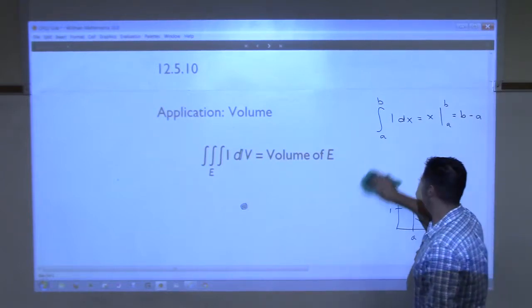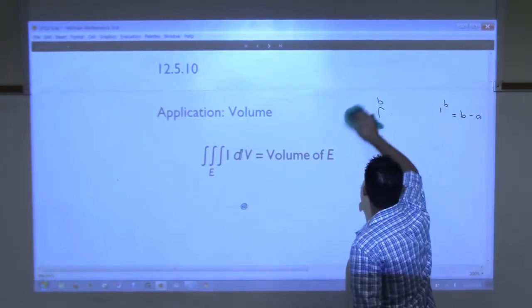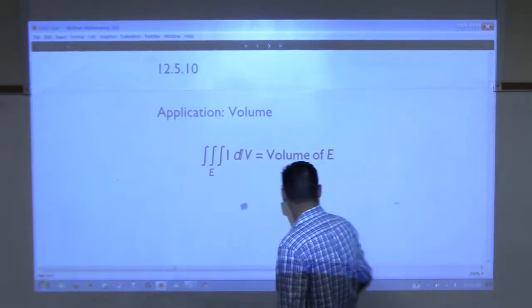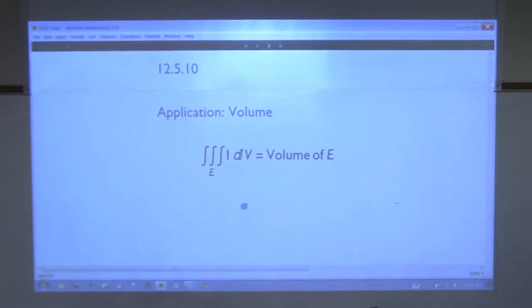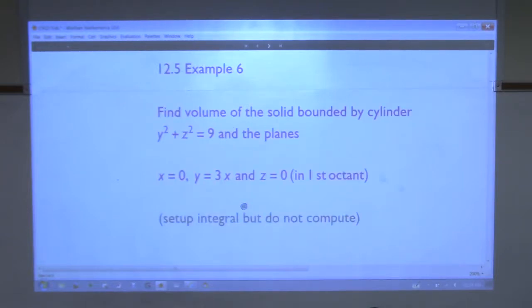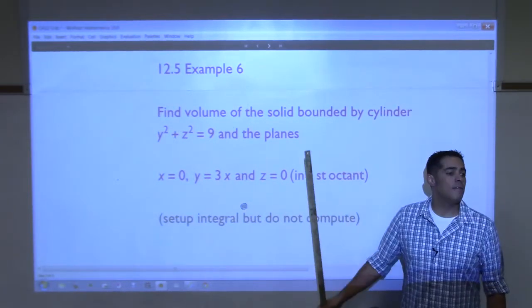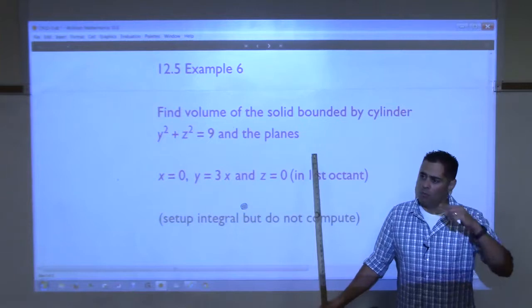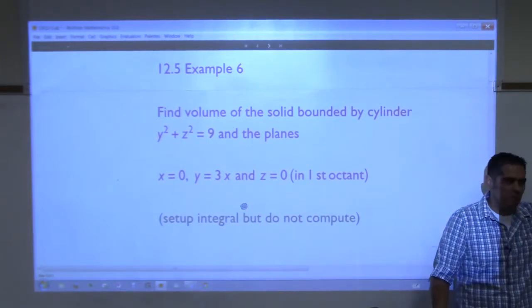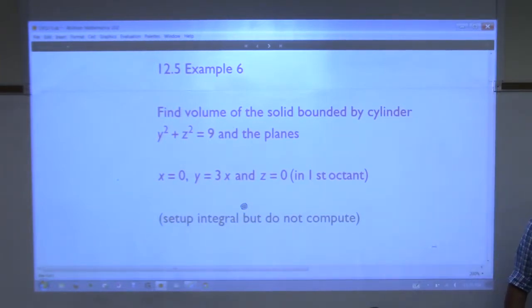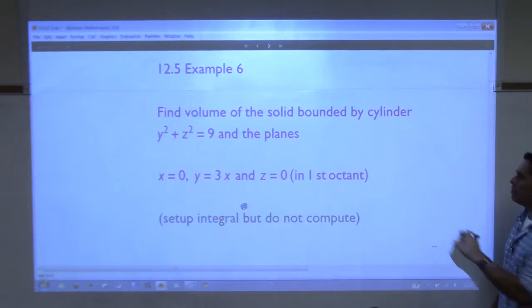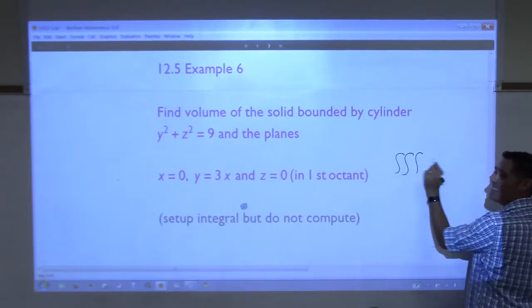All right. So if we want to use this concept, we could ask ourselves this question. This is the same solid we just did, right? What's the volume of that solid? What we just got, 27/8, was not the volume of that solid, because in that previous one we were integrating z.